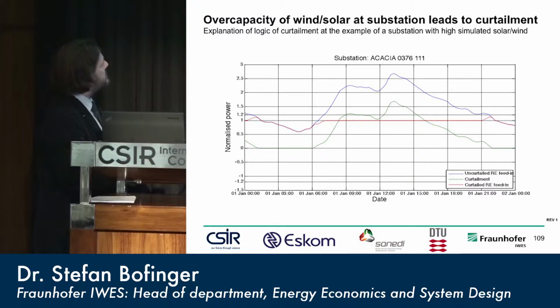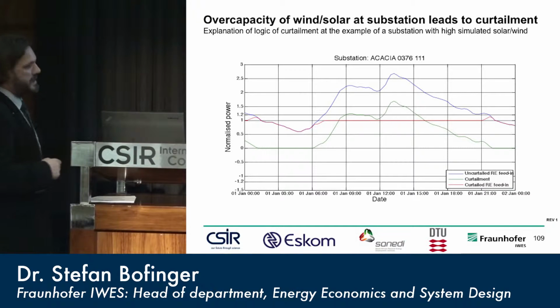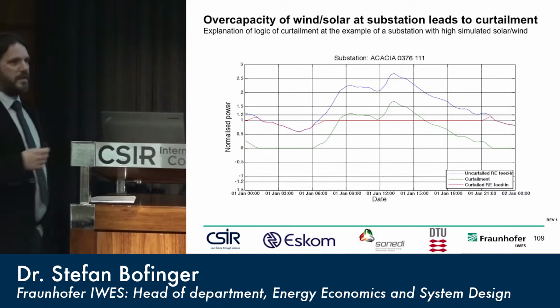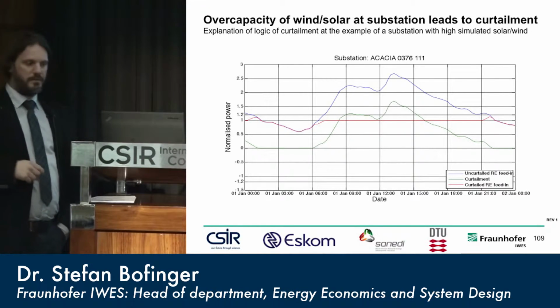Take the case of the transformer capacity. We have different scenarios of feed-in. For example, that one, which sometimes has twice the feed-in than the transformer's capacity, and we got some rules from ESCOM on how to curtail the energy in such a case, because they say, well, for a single moment, an overload of up to 20% is possible, but not more.